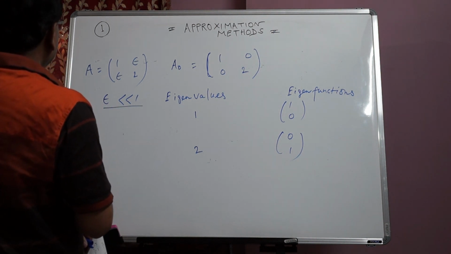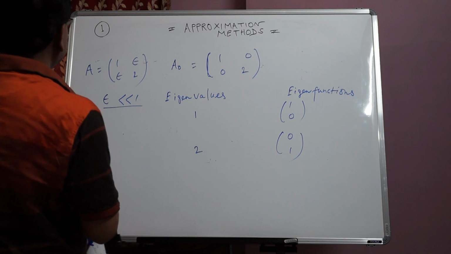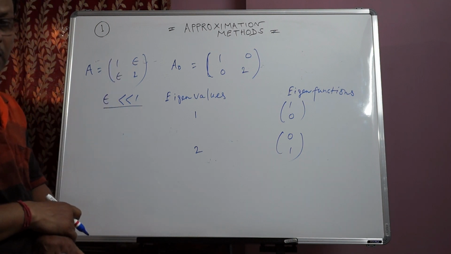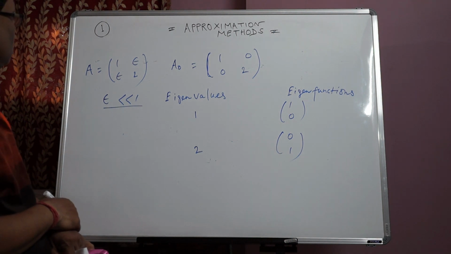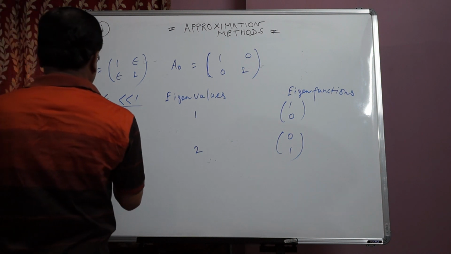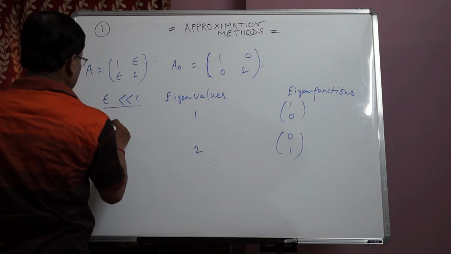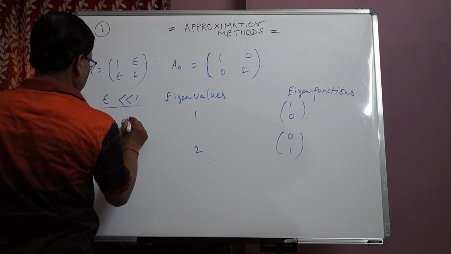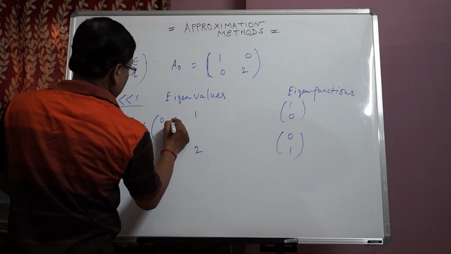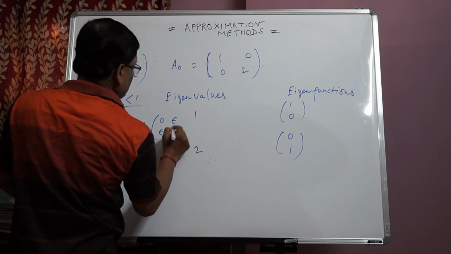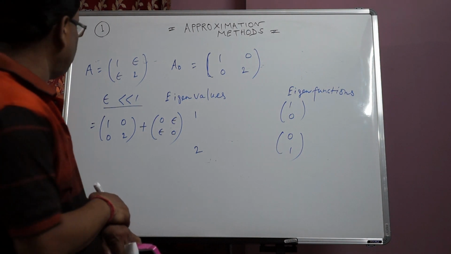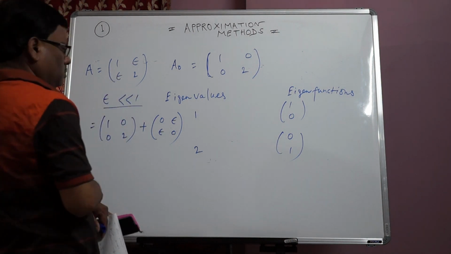You can directly diagonalize this matrix to get its eigenvalues and eigenfunctions, or you can subdivide this matrix in two parts. One is exactly solvable and another is its perturbation, which we call perturbation when epsilon is very much less than 1.